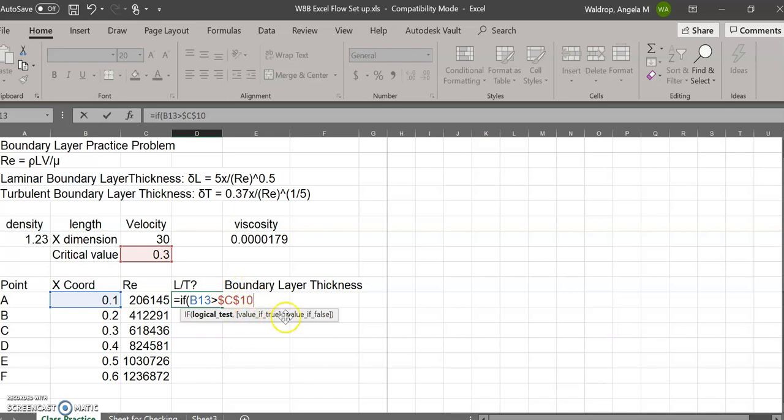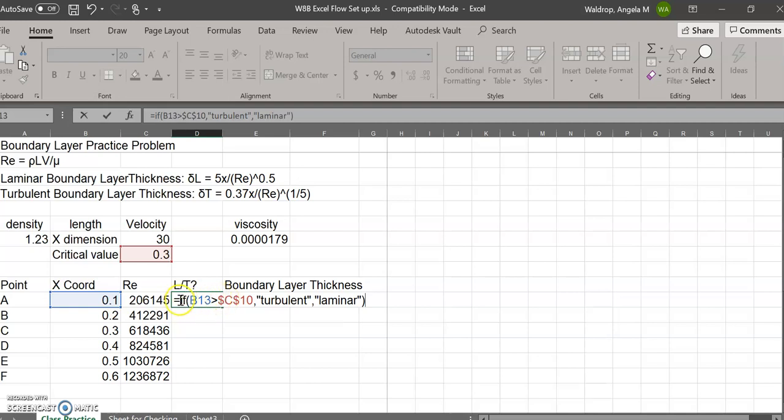Okay, and if you look at my little helper right here, I'll put a comma, and now it's going to tell me what I should put if it's true. So if this value is greater than the 0.3, then I'm going to display turbulent. And I have to put it in quotes because it's text. And now the other case is going to be laminar. And then I close it out.